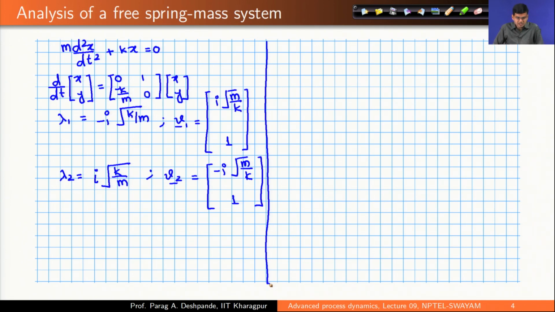So, if these are the eigenvalues and eigenvectors, then what would be our solution?